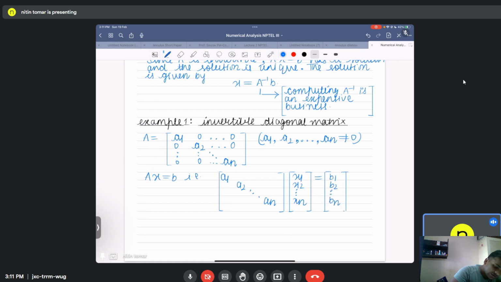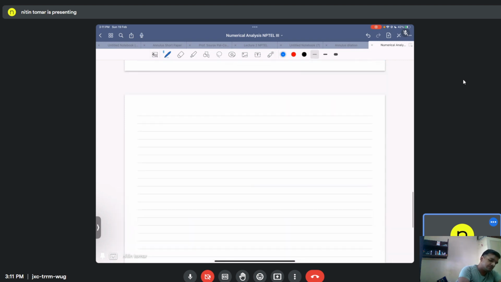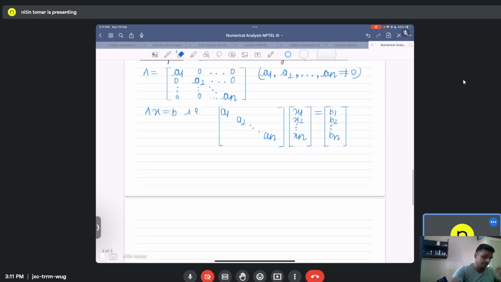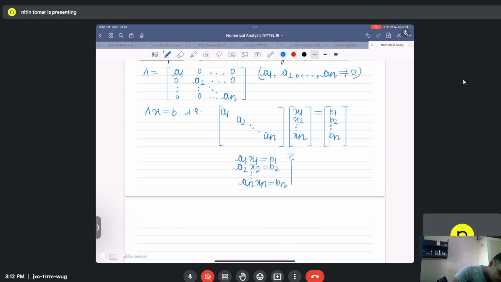Now can you tell me the solution of this system? This is a1 x1 is b1, right? a2 x2 is b2, and so on and so forth. an xn is bn. xn equal to bn by an.